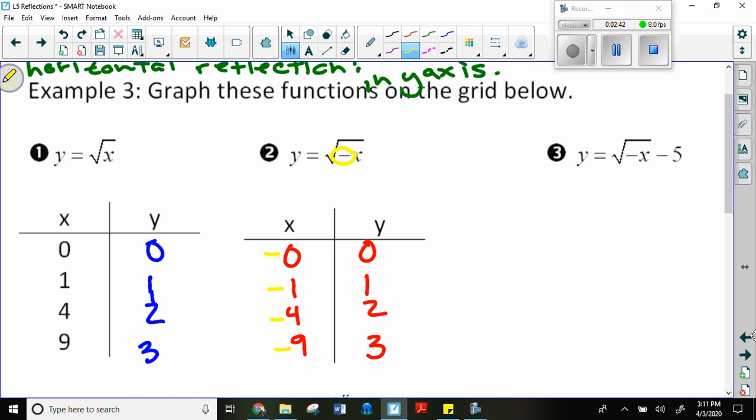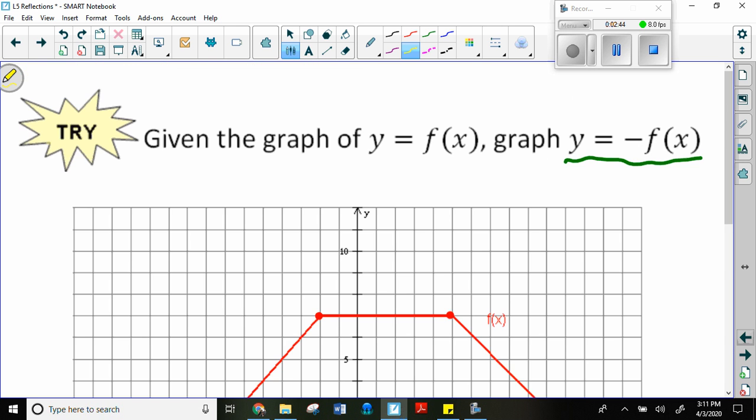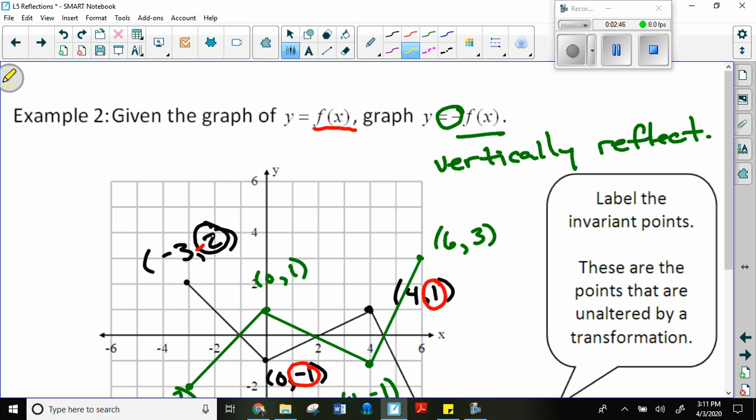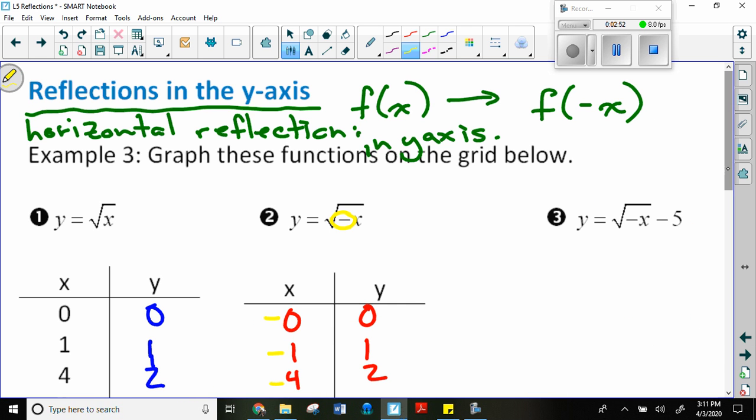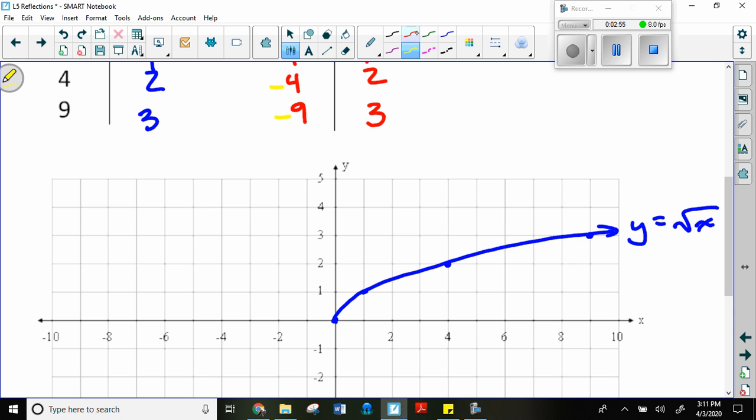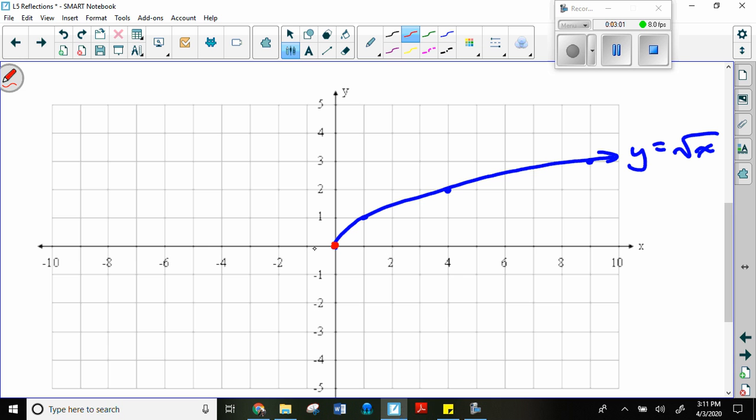In the other relationship back here, the y values were doing the flipping. Now we've got the x values that are doing the flipping. So instead, it's still at 0, 0. There's an invariant point. It didn't change when we did the reflection. But now we're going negative 1 up 1, negative 4 up 2, negative 9 up 3.